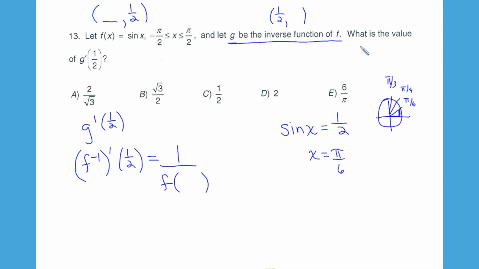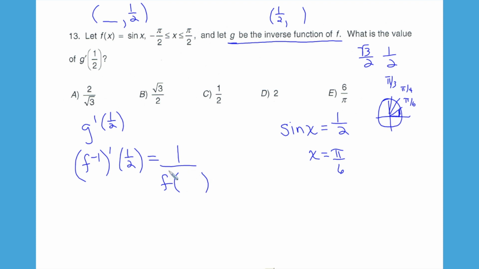Because if you had to choose between root 3 over 2 and 1/2, you know that root 3 is bigger than 1, so this is longer than 1/2. And you go up a little bit here, but you go up a lot there. So that's why I know it's the pi/6, not the pi/3. Very interesting, huh? All right. So I know that x is pi/6.